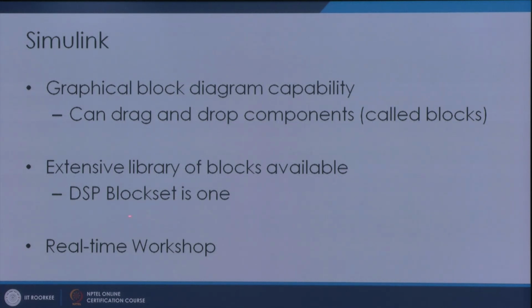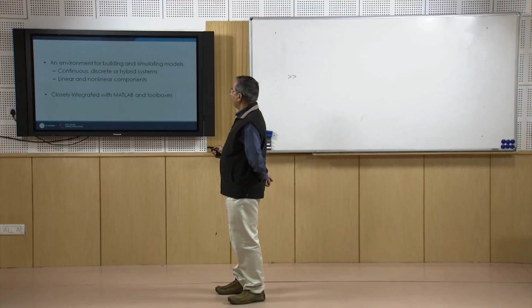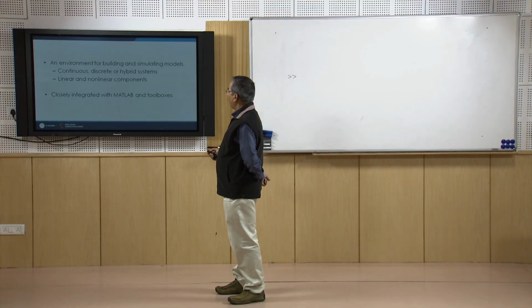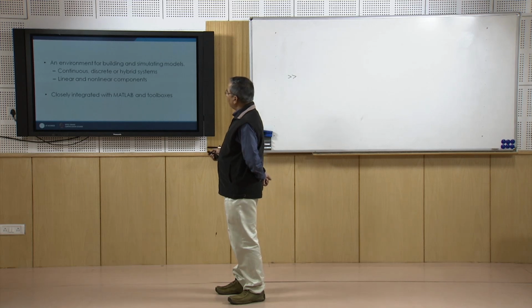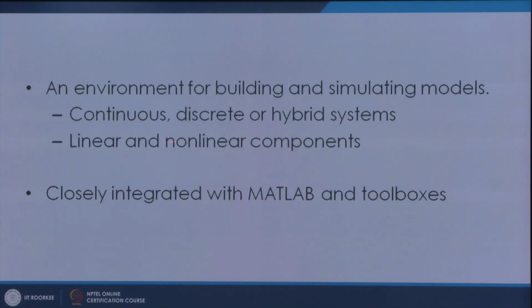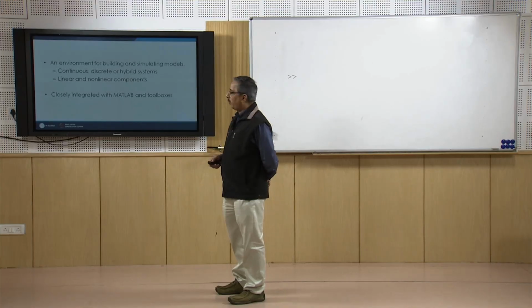For example, the DSP block set, that is digital signal processing, is there, and the real time workshop blocks are also available. In this environment of Simulink, we can model continuous, discrete as well as hybrid systems, and we can also model linear and non-linear components, and it is very closely integrated with MATLAB and the other toolboxes.